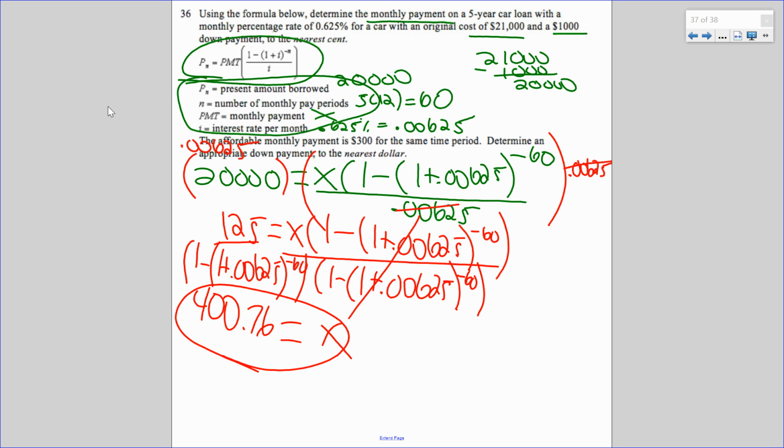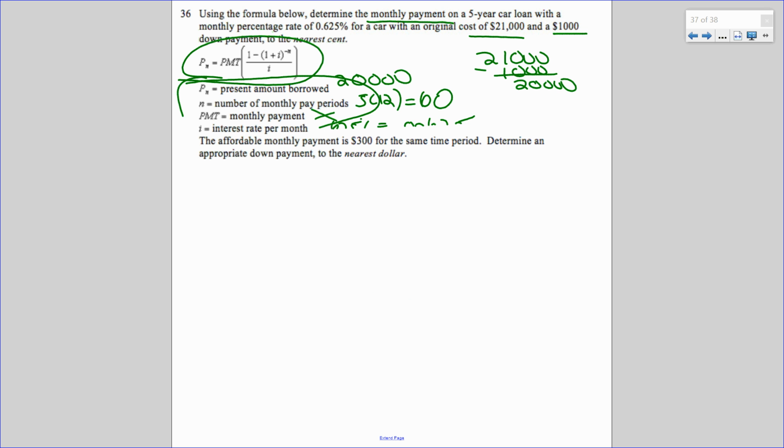Now, we have more. So I'm going to erase this, and I'm going to see what the next question is saying. So I'm just going to redo this because some of the variables might have changed in the second part of the question.